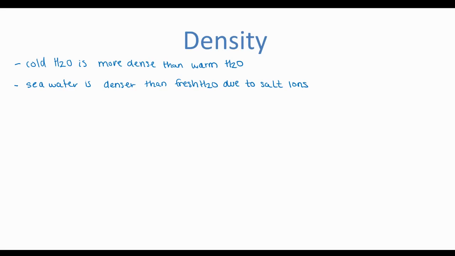So also, the density of seawater ranges from about 1.02 grams per cubic centimeter to 1.03 grams per cubic centimeter.